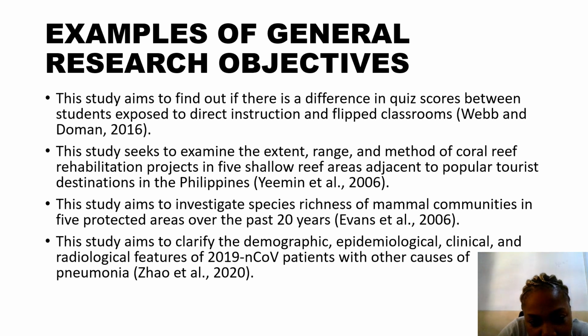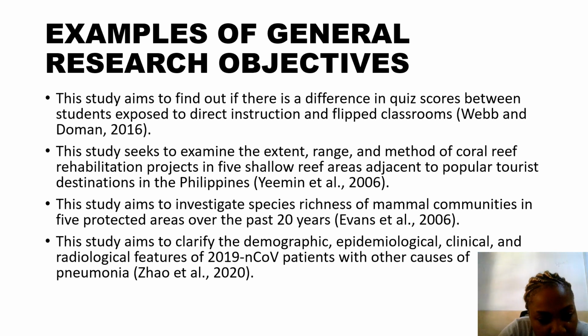And then there are other authors, Yemin, 2006. They were saying, this study seeks to examine the extent, range, and method of coral reef rehabilitation projects in 5 shallow reef areas adjacent to popular tourist destinations in the Philippines. Okay, this is based on tourism. Then another one is, this study aims to investigate species richness of mammal communities in the 5 protected areas over the past 20 years.